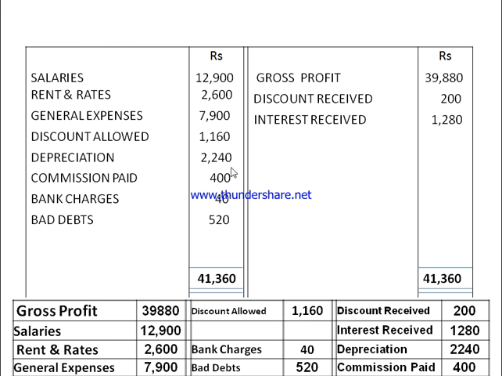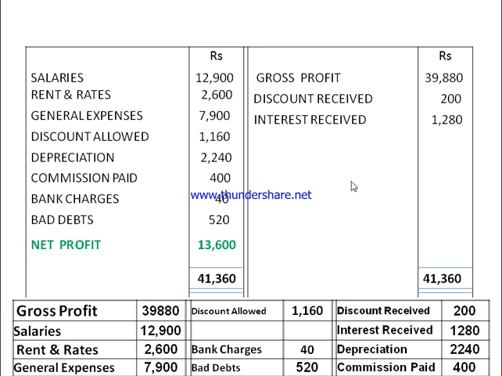So we have found the balance or the difference. This difference is written on the shorter side. This side is shorter than this one. So that is why we have written down the total over here. The difference, balance 13,600, will be written over here.